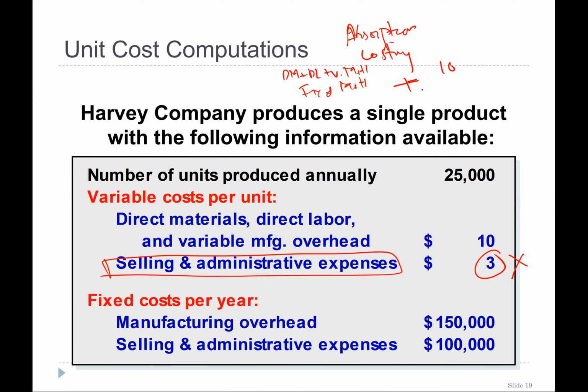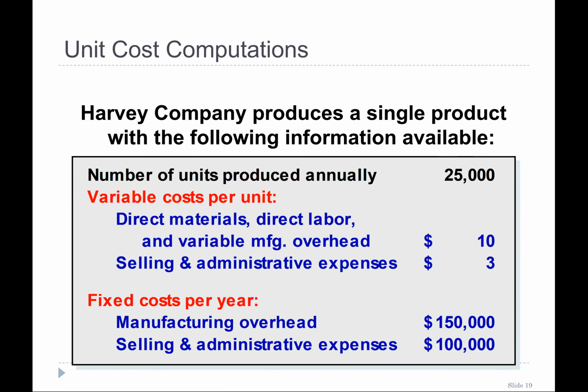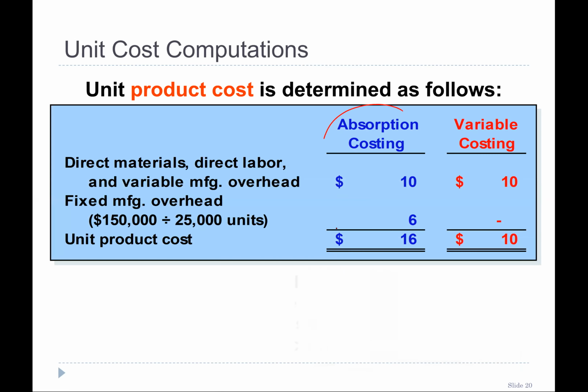So fixed manufacturing overhead, 150,000, units are 25,000. If you calculate that, answer would be 6 here. So that would be 16. All right. So 16 would be our absorption costing.